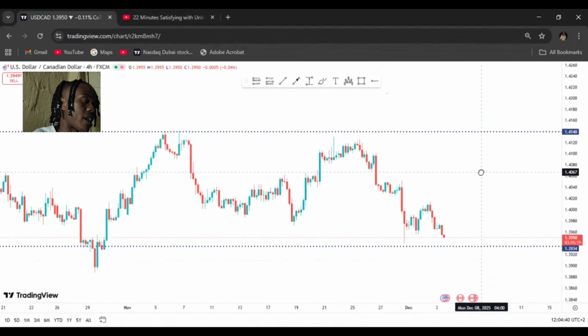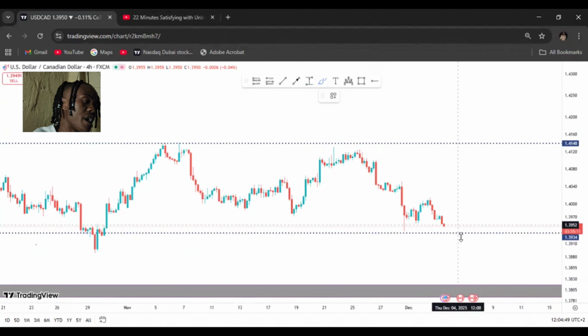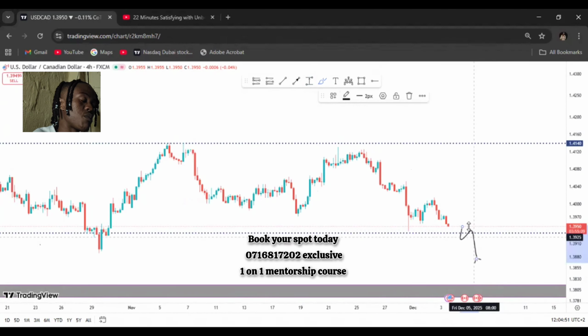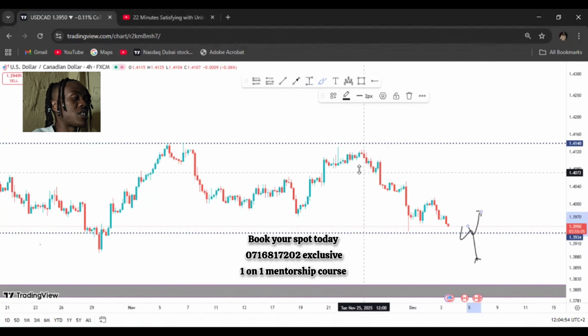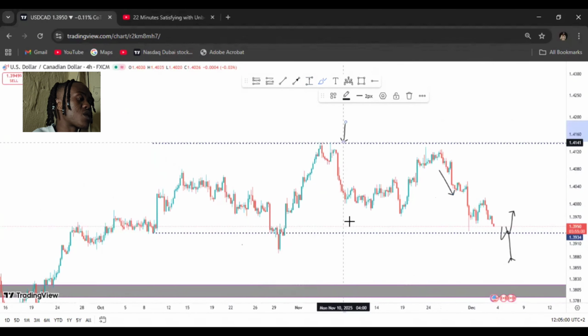USD-CAD is more like gold, because in our weekly trading outlook, we left an anticipation that there are only two things we're looking for: a break below our lows to be bearish, or a fail to break to look for that move to the upside, because price is looking for that bearish move to the downside. As you can clearly see, price is holding a range of highs and lows.